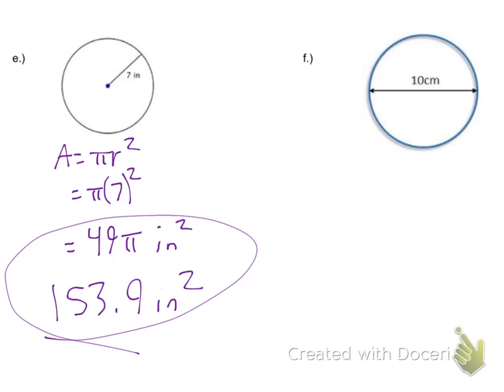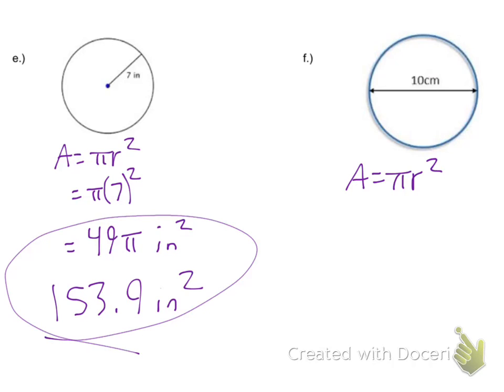F is no different. I use the same formula. Area equals pi r squared. The only difference is I need to do what first? What do I need to do? Get the radius. 10 is the diameter.